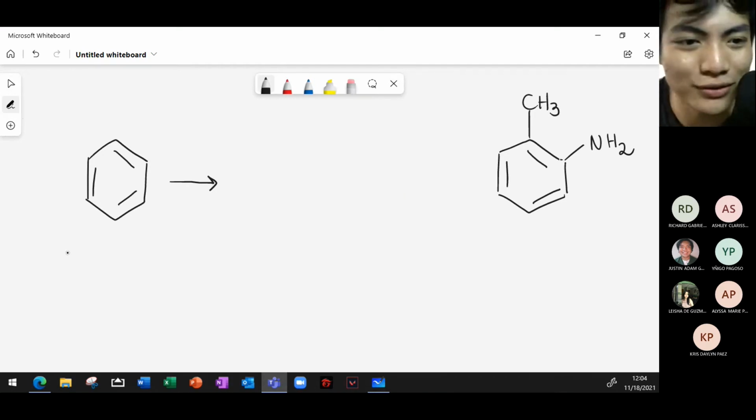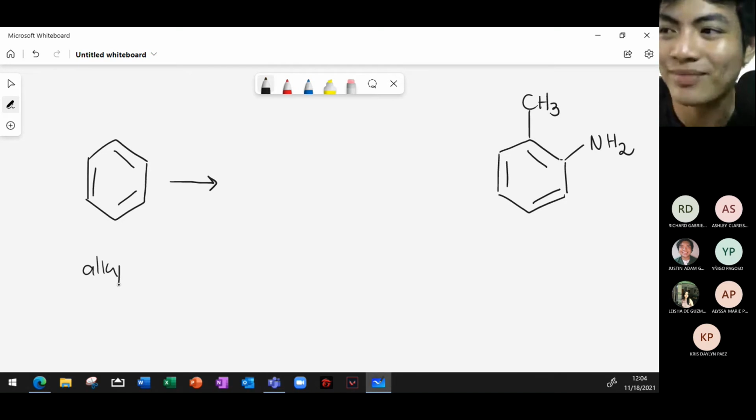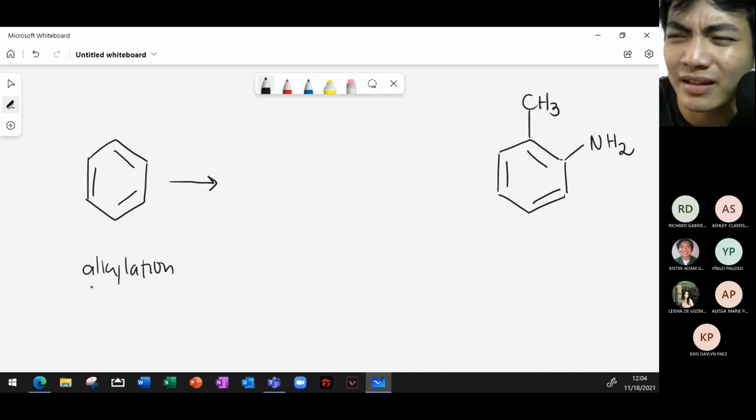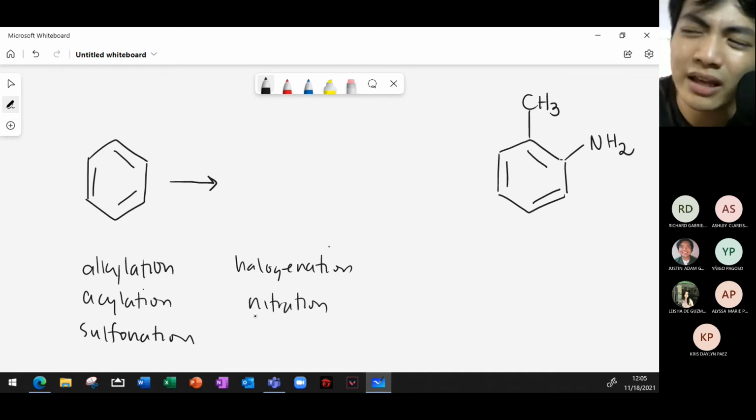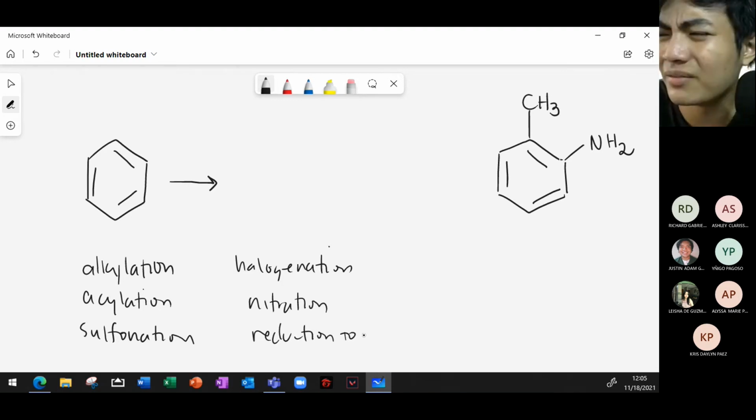Ano ulit choices? Choices. You have your alkylation, the acylation, sulfonation, halogenation, ano pa ba? Nitration, and your reduction to amine. Okay?